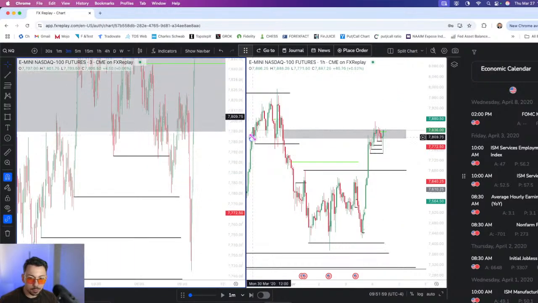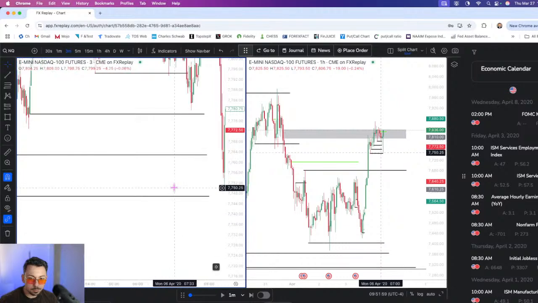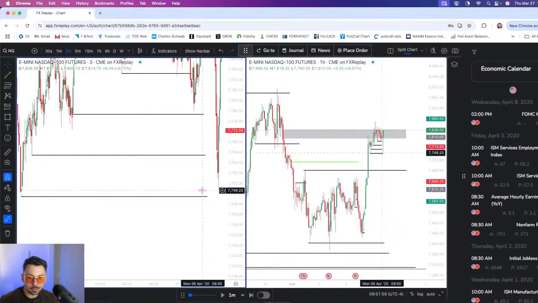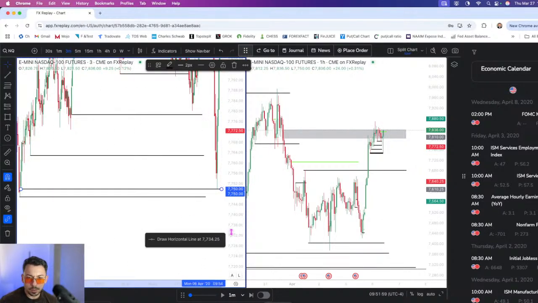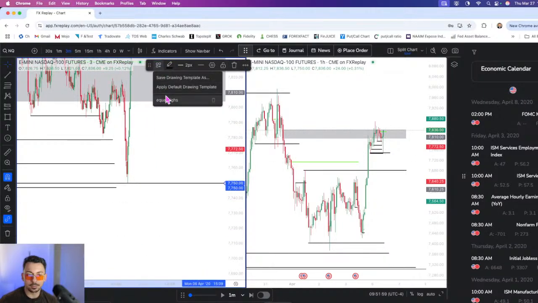Did this create perfect equal lows here? Damn, I can't even see. Okay, it looks like these are perfect equal lows. Yeah, they are. So let's see if we can actually get a setup to target these.